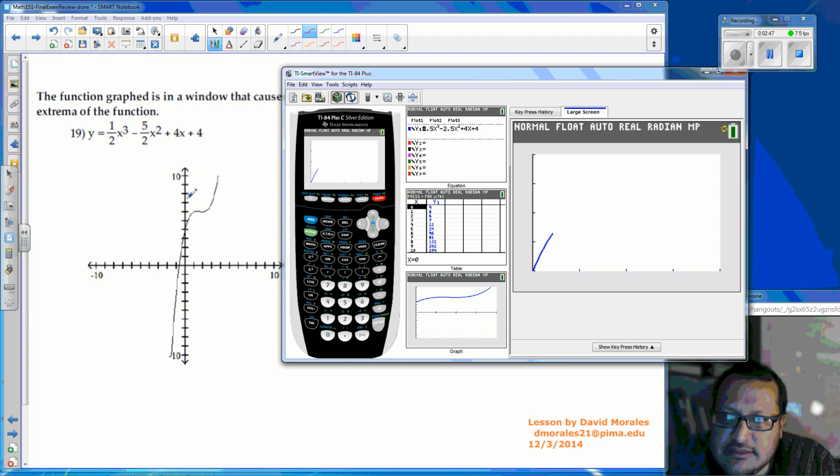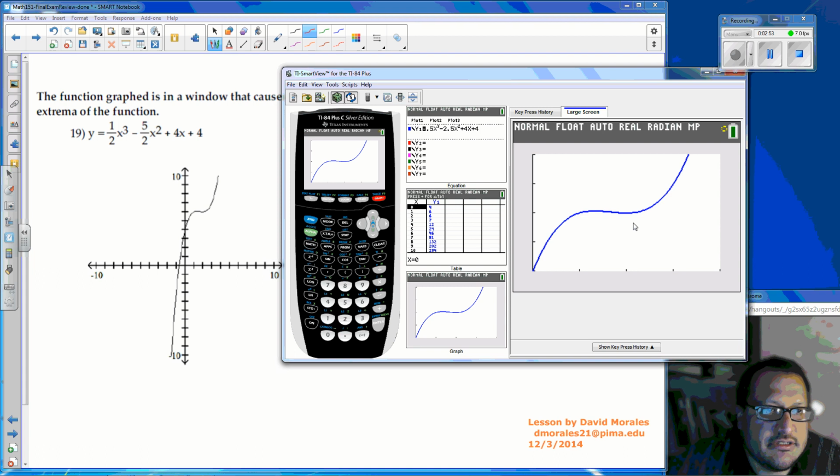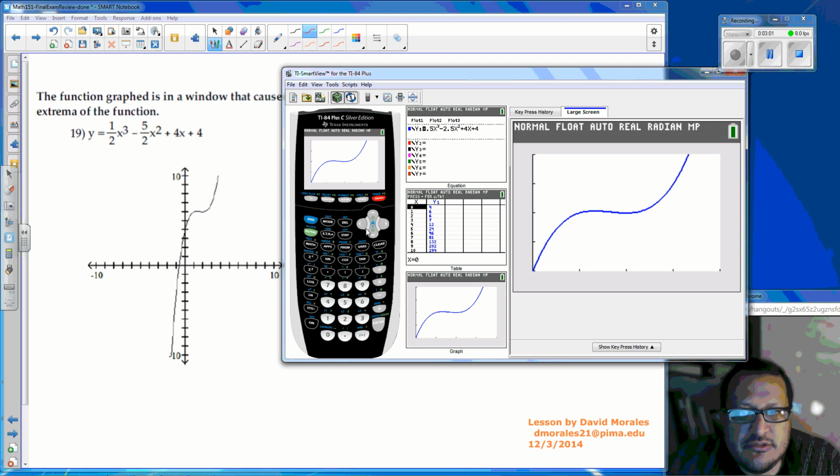That's basically a graph of this area right here. Now we can see more clearly that there is a maximum right here and a minimum right here. But it's not exactly at an integer point, or it might be, but it doesn't look like it is.